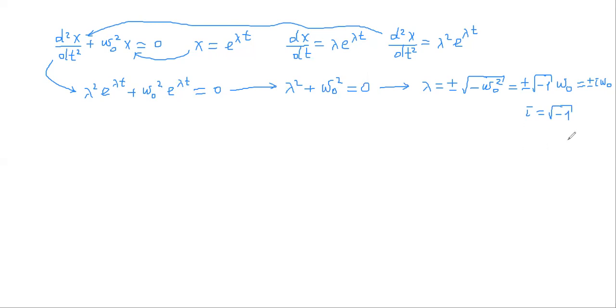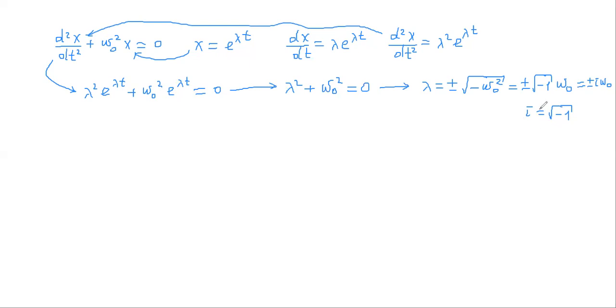So here we have to use complex numbers, not only real numbers, but also complex numbers. Because when we use only real numbers, the square root of minus 1 does not exist, but in complex numbers it does.